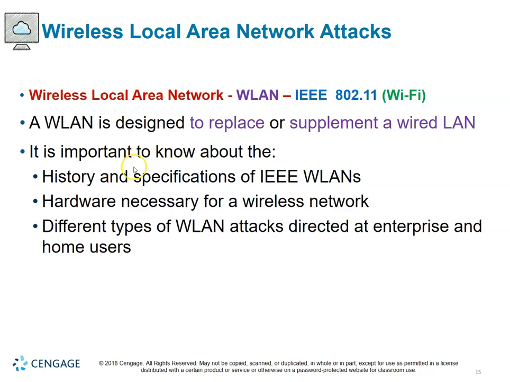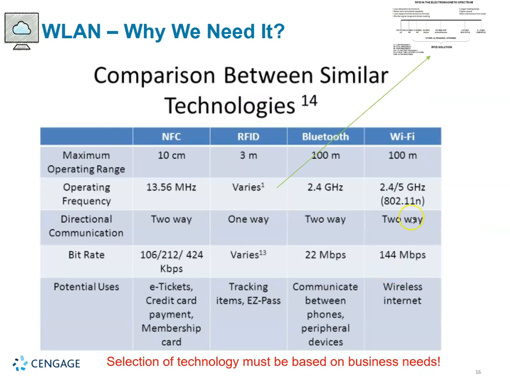So it's important to know the history and specifications of the IEEE wireless local area network specs, the hardware that's necessary, and then what we're most interested in, the different types of wireless local area network attacks that can be directed at enterprises and home users. So first of all, what are the different technologies?